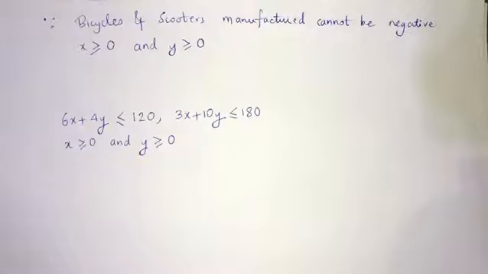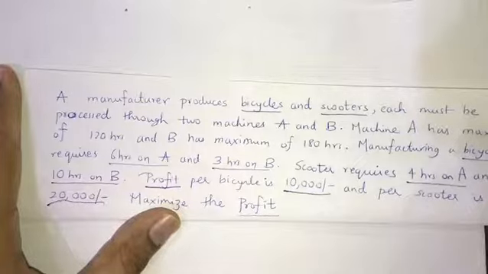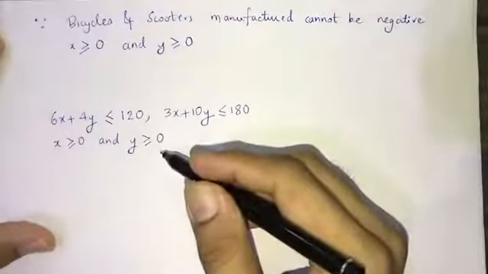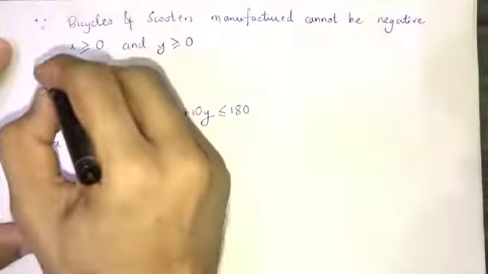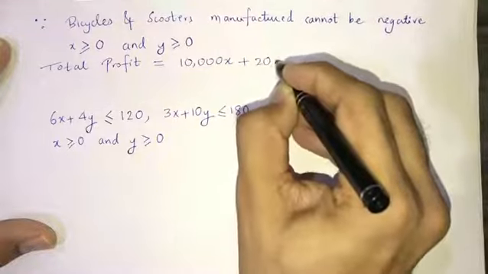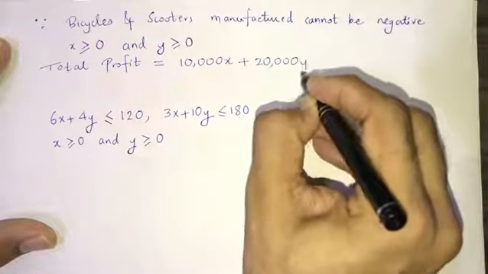So X bicycles will give you 10,000 X, and Y scooters will give you 20,000 Y as profit. Okay, so total profit is equal to 10,000 X plus 20,000 Y.